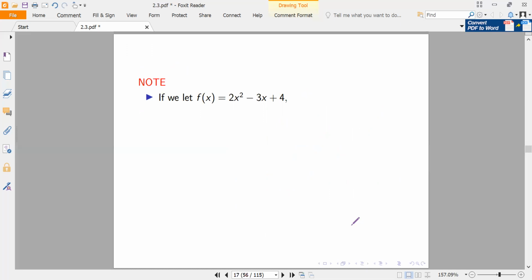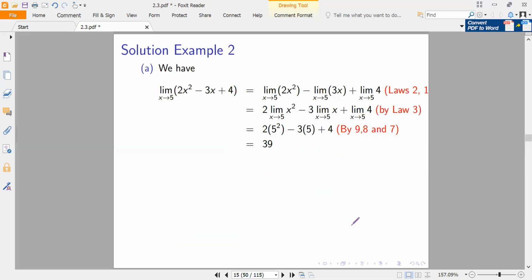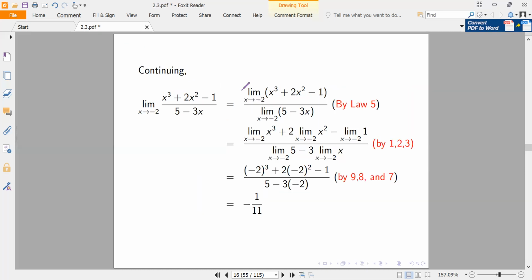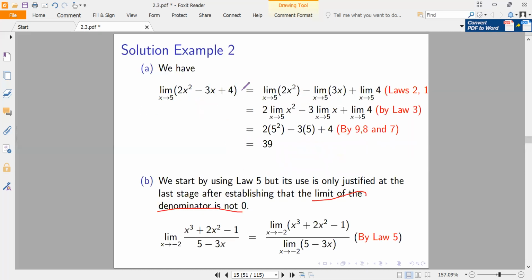But there are some examples that we prepared here, just to revisit the examples from the previous lecture so that we can evaluate these limits. Now, if you look at number A, our function is 2x squared minus 3x plus 4. The answer that we got for the limit as x approaches 5 was 39.